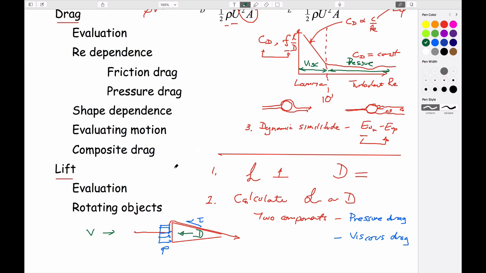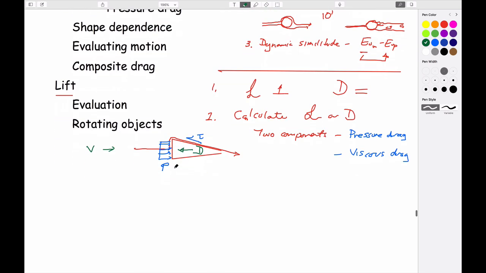So what I wanted to do today is do two things. The first thing is to calculate the magnitudes of lift or drag from the mechanism that we introduced last time.